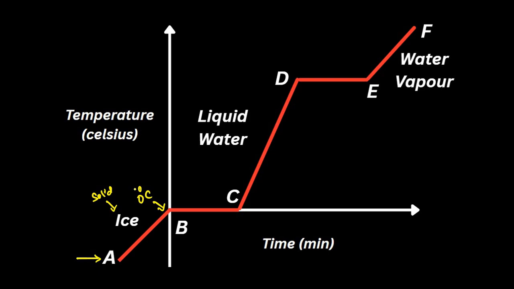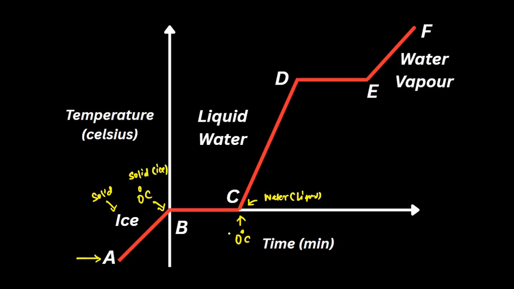Even if we kept supplying more and more heat, the temperature remained constant without any increase till it reached this point. Again, this is at 0 degrees Celsius, but here it is liquid water, and here it is solid ice.